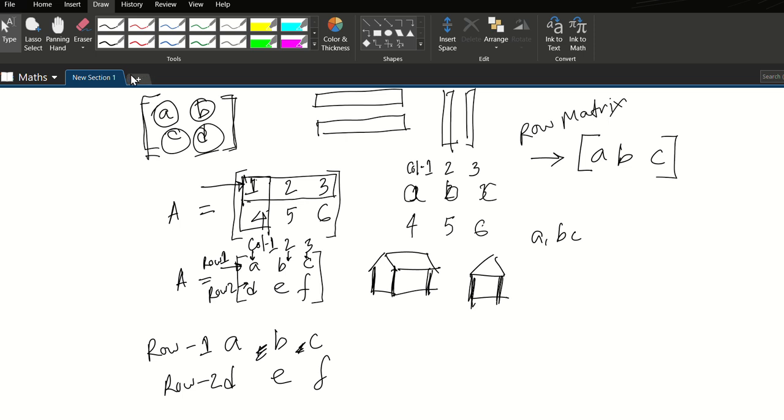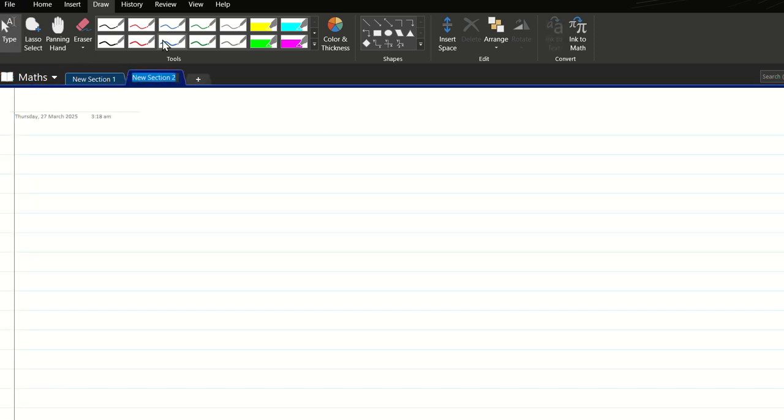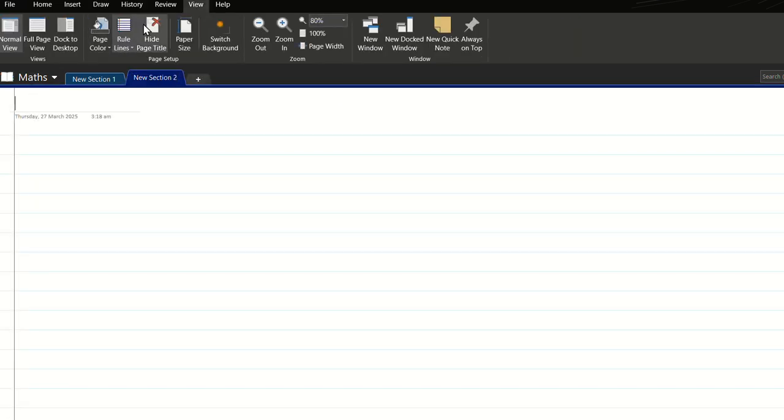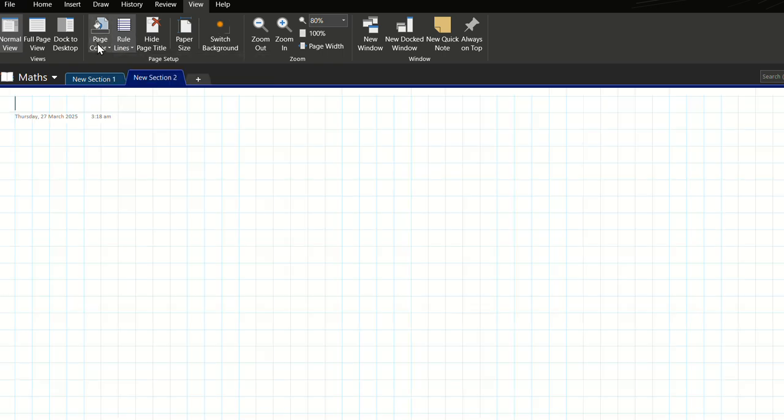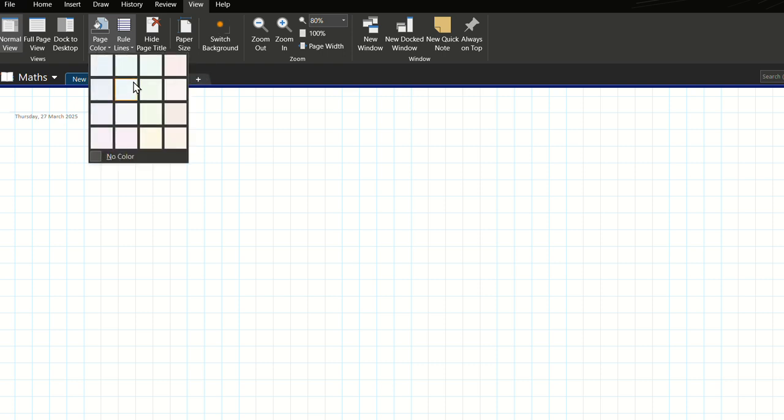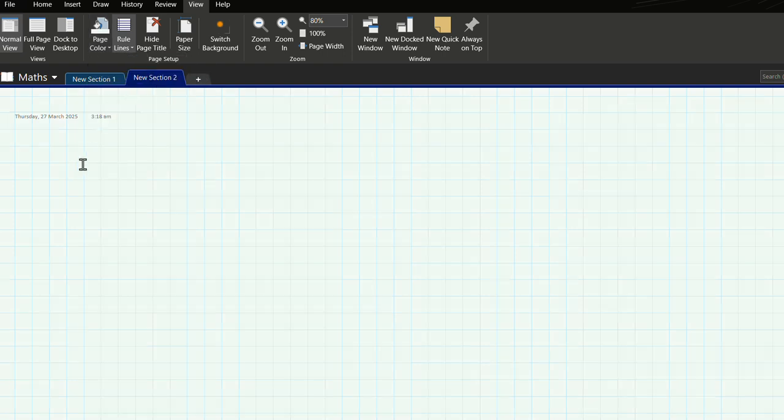Let's take another page and talk about this one. Let's take this grid line and change the page color a little. Okay, it's the same page though. So, row matrix, right?